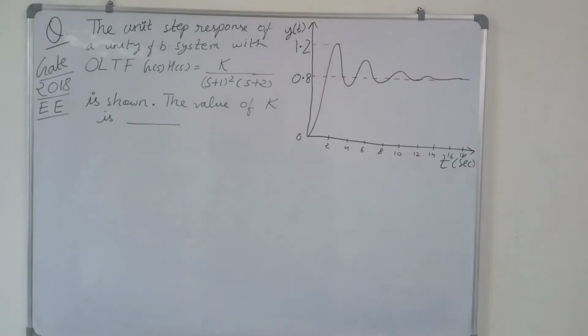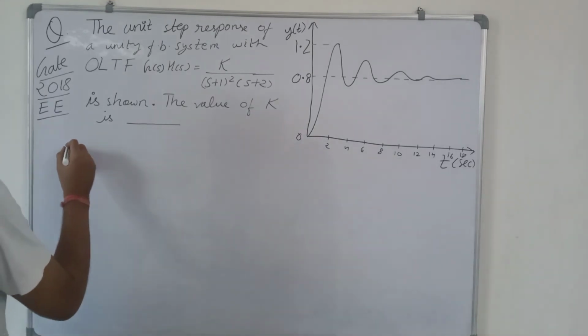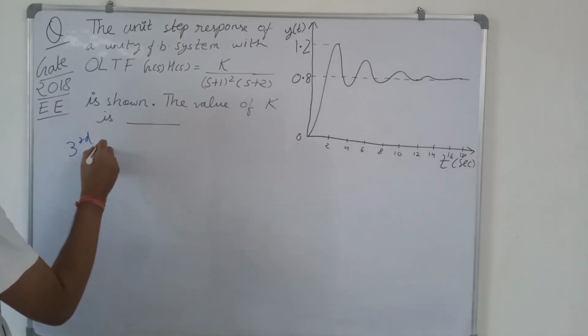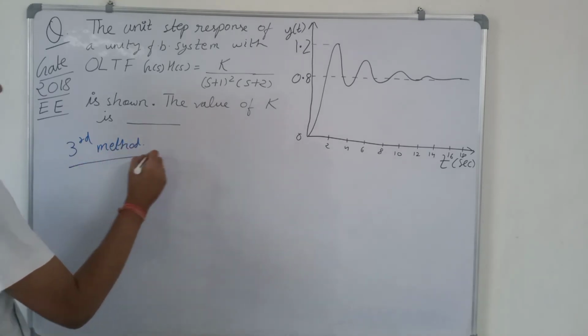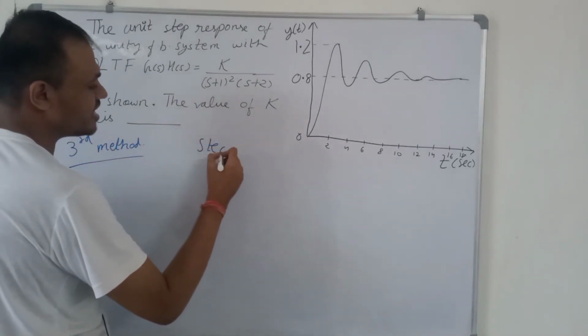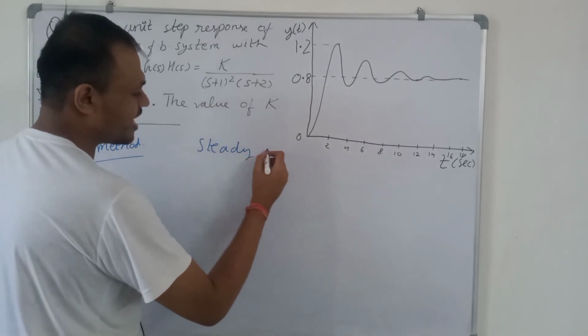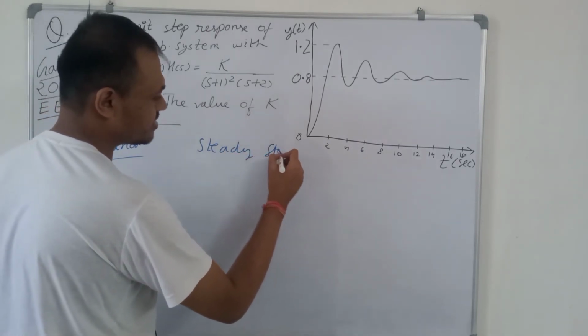Now we will use the third method. The third method is using the steady state error. The first method was using the final value theorem.